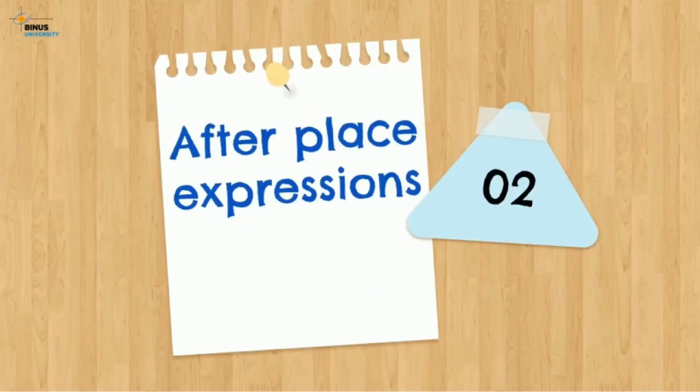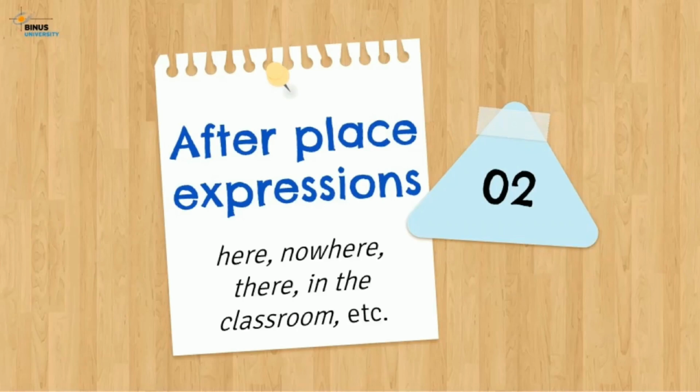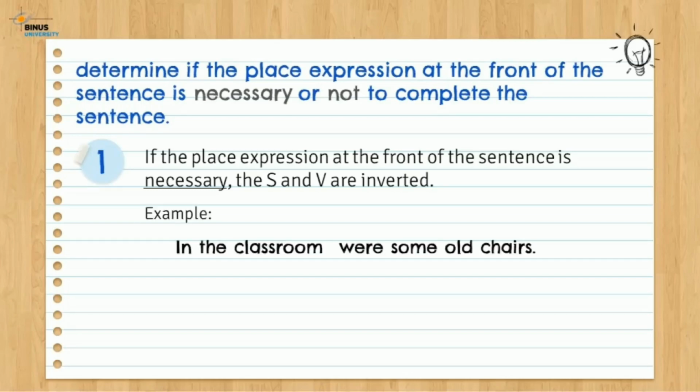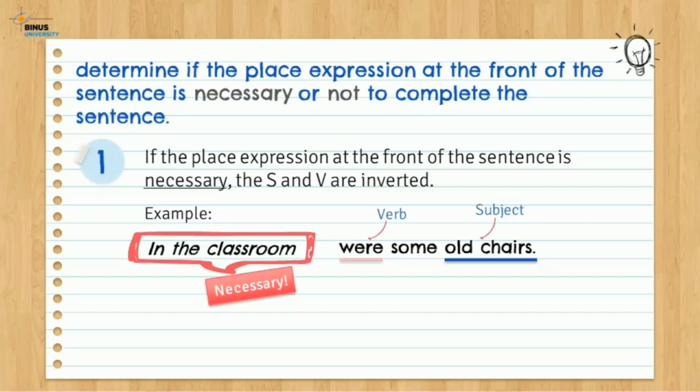Next, inverting the subject and verb with place expressions like here, nowhere, there, or in the classroom. You must determine if the place expression at the front of the sentence is necessary or not to complete the sentence. For example, the place expression in the classroom is necessary to complete the sentence, so the subject and verb must be inverted.